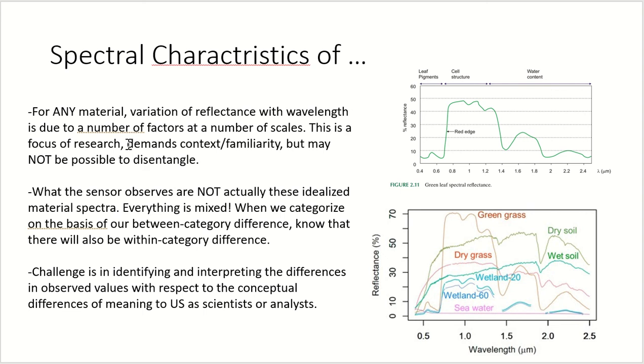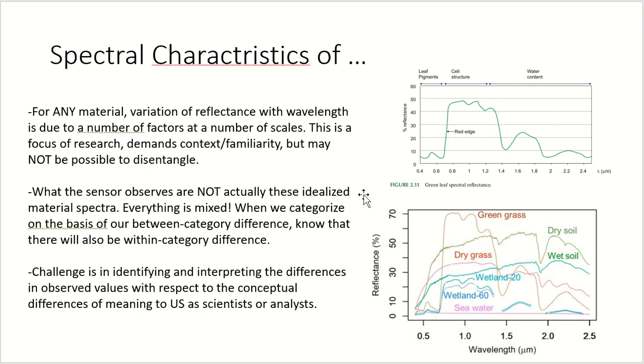With that, it's just a nod to the need for this kind of outside additional context familiarity in order to understand specific causes for observed variation. It may require work beyond what the satellite sensor can show you, for instance.